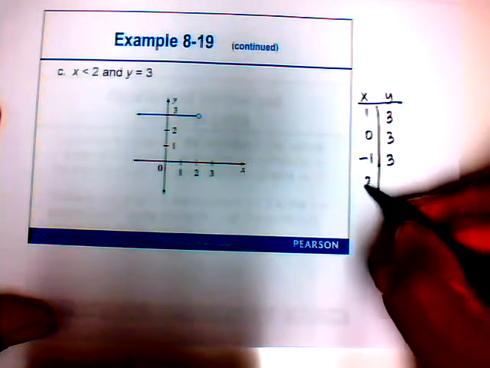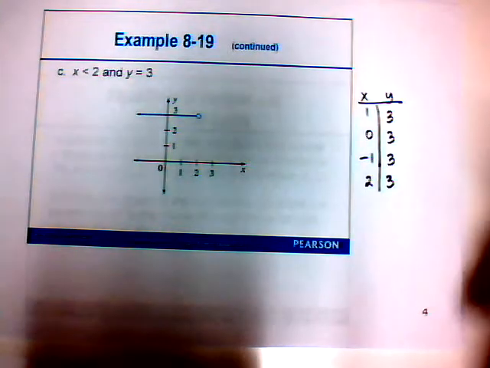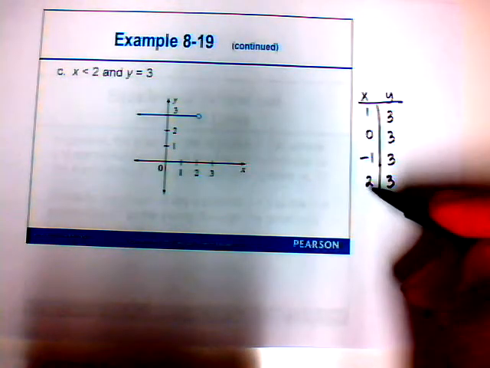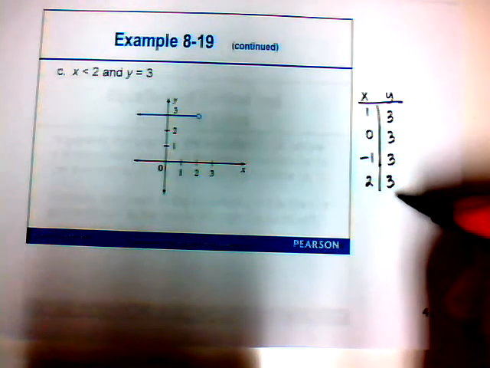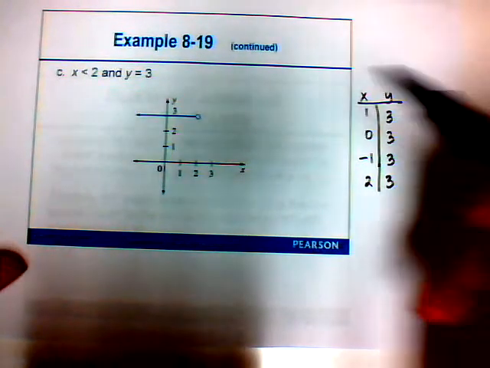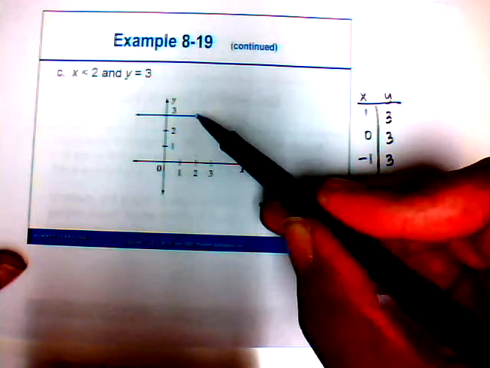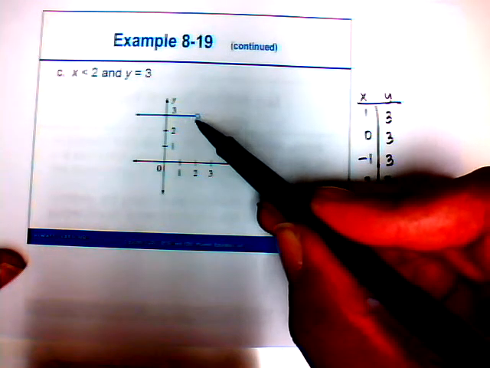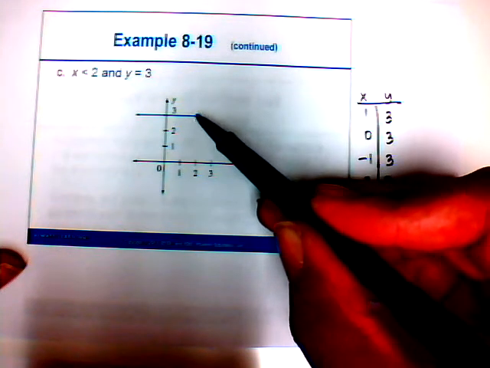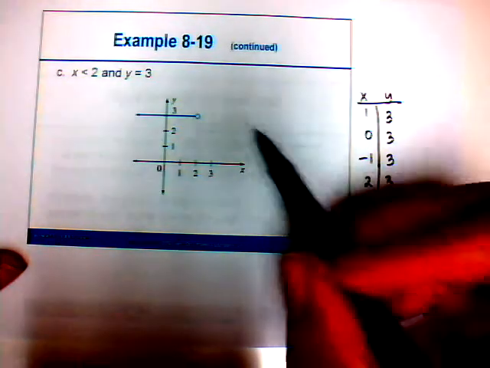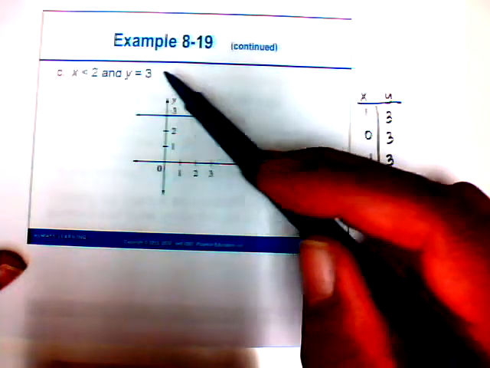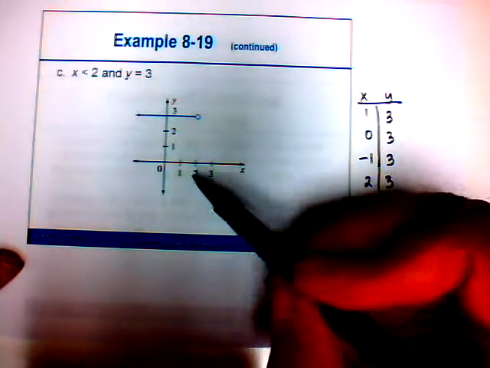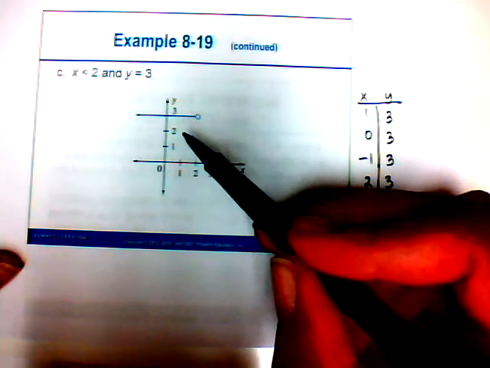But I'm also going to put 2 here because I want to know where the ordered pair is at x equals 2. Well, it's going to be (2, 3) because of the fact that y is equal to 3. Now, when you go to the right 2 and up 3, notice that there is an empty circle at (2, 3). So we have to draw an empty circle to show that that ordered pair will not be included in this particular situation here. And then you can plot the remaining points like (1, 3), go to the right 1 and up 3.